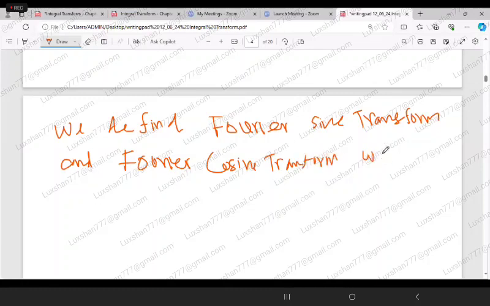When x is defined on 0 to infinity, similar to earlier, we can find the Fourier sine integral as well as the Fourier cosine integral. So similarly, when the function is defined on 0 to infinity, we can define the Fourier sine transform as well as the Fourier cosine transform.